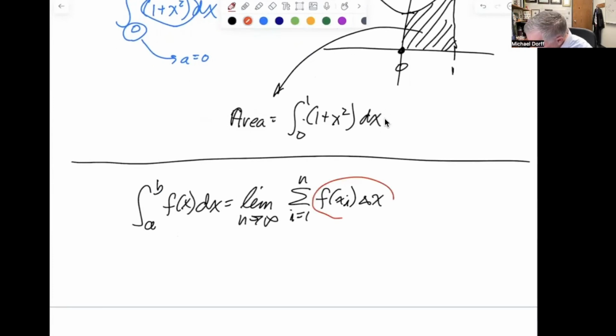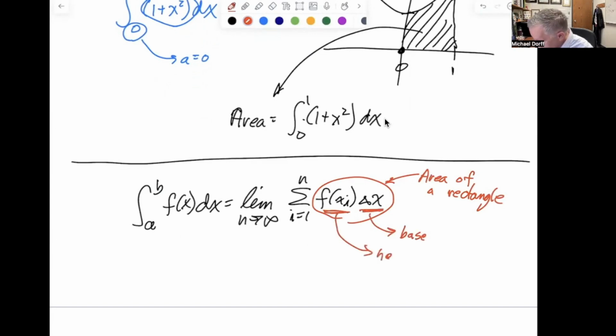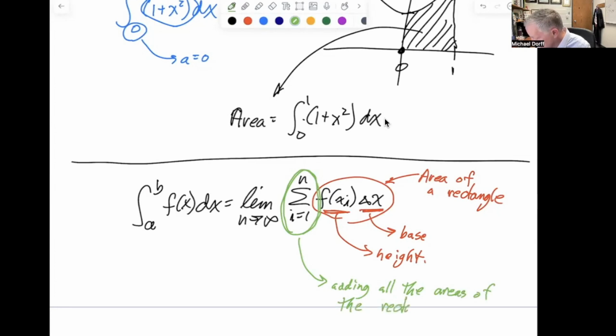Well, this represents the area of a rectangle, because here is the base and this is the height of the rectangle. So when I multiply the base times the height, I get the area of a rectangle. So I get one rectangle there. Then this summation here is adding all the areas of the rectangles together. That's what the summation sign does.